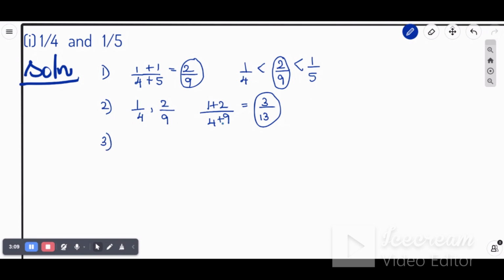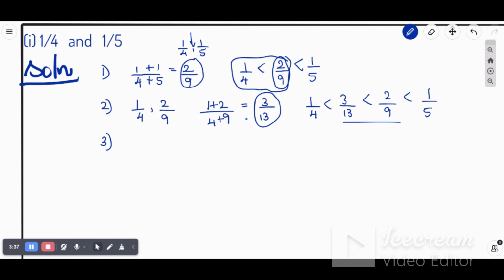Now let's move on to the third. The first given set is 1 by 4 and 1 by 5. We have found one solution in between, and I have used these two to find the next one. Now 1 by 4 is less than 3 by 13, which is less than 2 by 9, which is less than 1 by 5. This is sure because of the property.